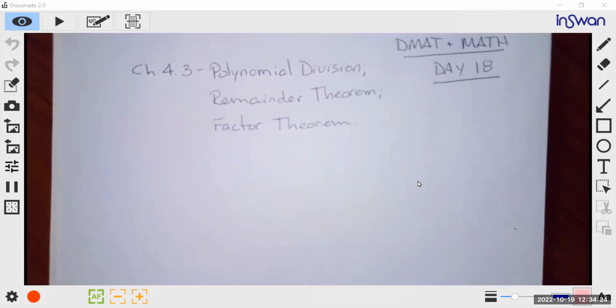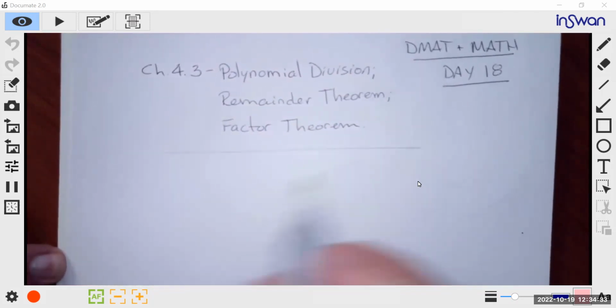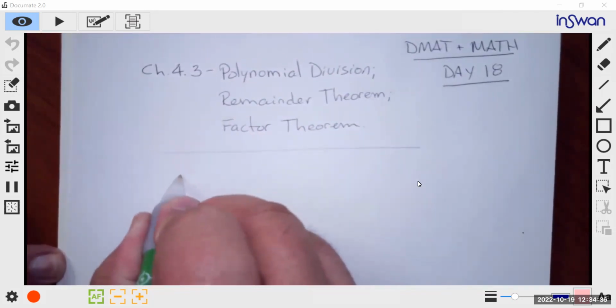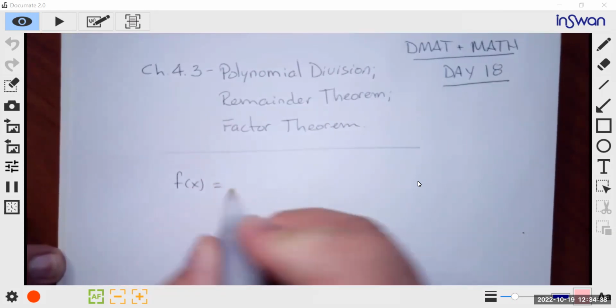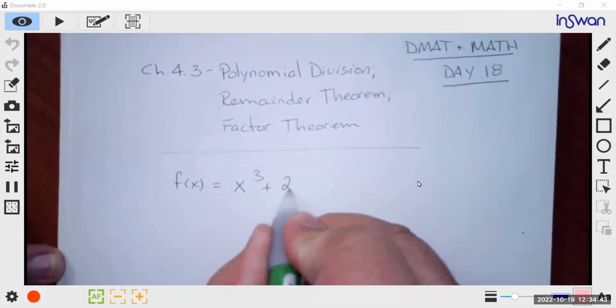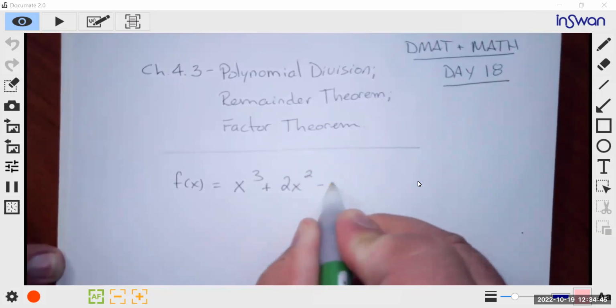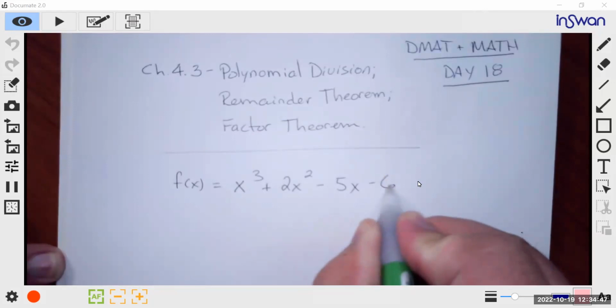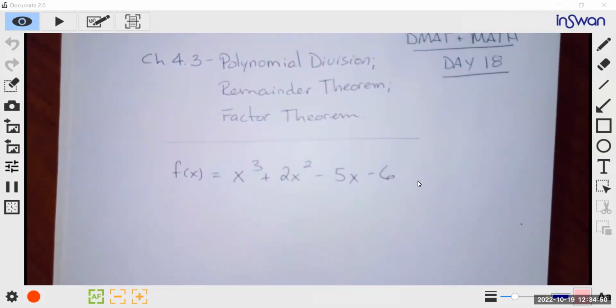Hopefully today we're going to get to solving larger polynomial equations. So for example, if I gave you a polynomial like this, we're going to figure out how to break that equation down to find out the smallest constituent parts.